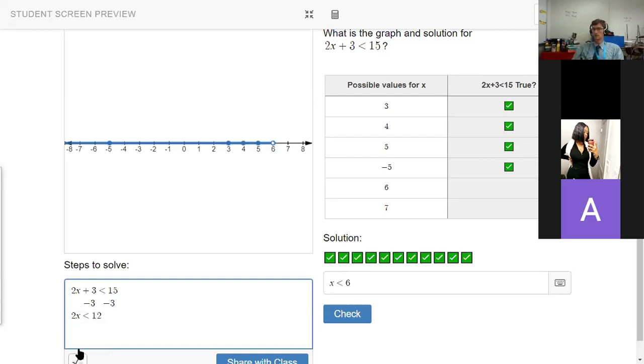So now, remember our answer is x is less than 6. How did I get x is less than 6 from here? What's the next step? What do you think?